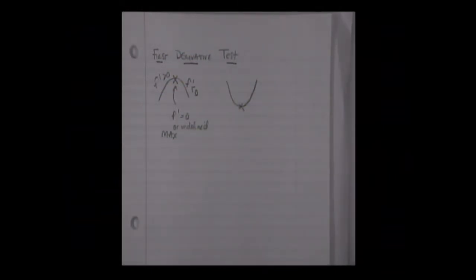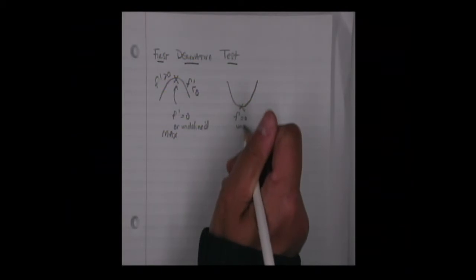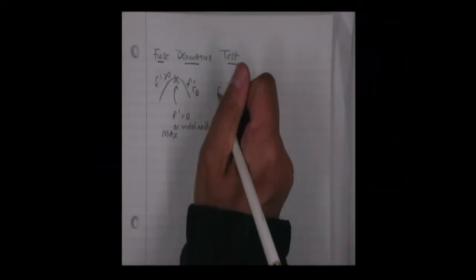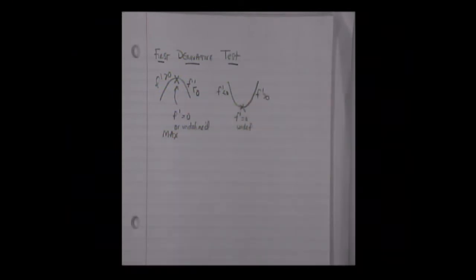Similarly, if we have a critical number, a place where f prime is 0 or undefined, and our derivative goes from negative to positive, then we have a minimum. That's all there is to the first derivative test. Haven't we been kind of saying that?